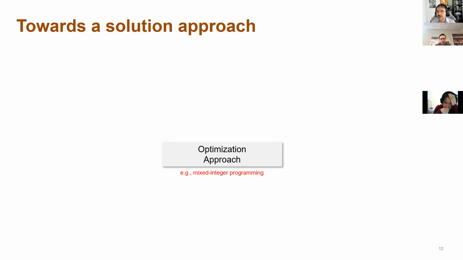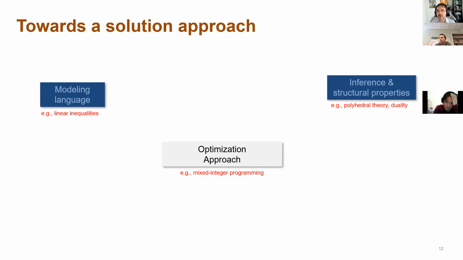So what are the different recipes or elements that compose a MIP, for example? Well, you're going to have a type of modeling language, right? Something that imposes structure on your problem. In this case, for MIPs, we're going to have linear inequalities, but for decision diagrams, we're going to have recursive structure. So we're going to impose some structure there to model and represent it. We're also going to have a lot of properties that we're going to infer from that structure, inference of structural properties, right?